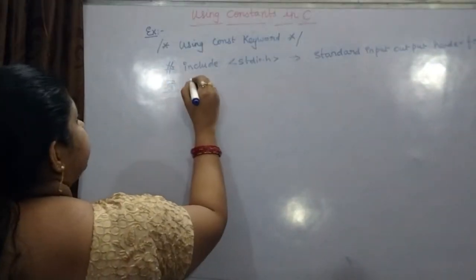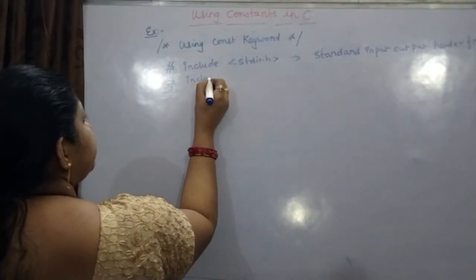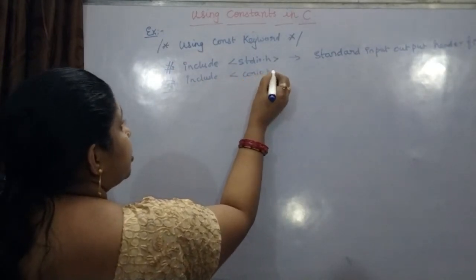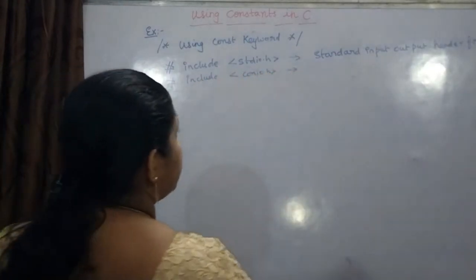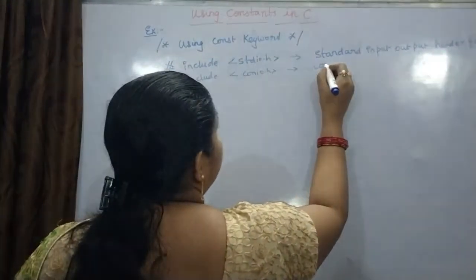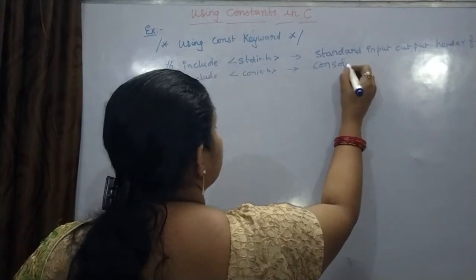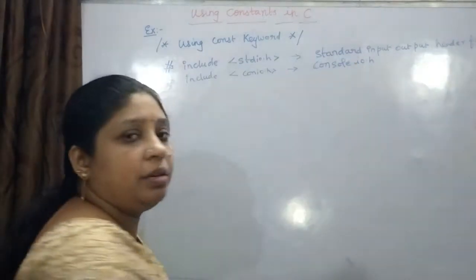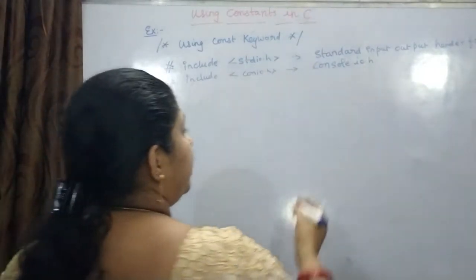Now next, hash include conio.h. What is this? Con is console, and io.h, you will call it console io. IO here is nothing but input output header file.